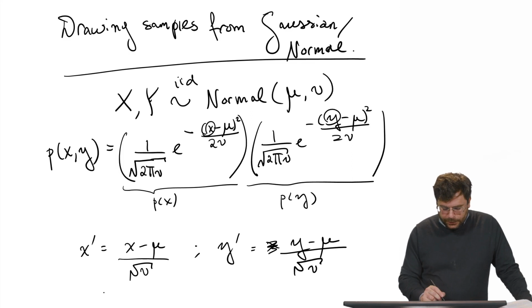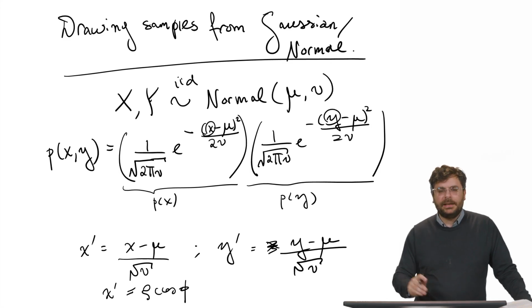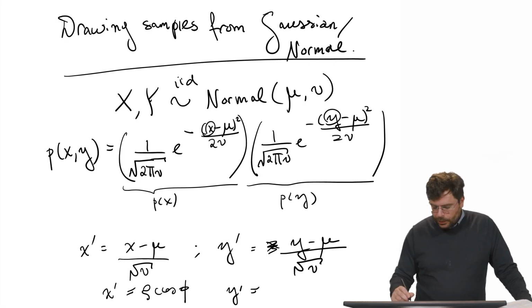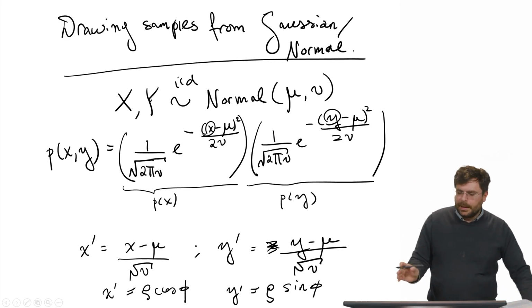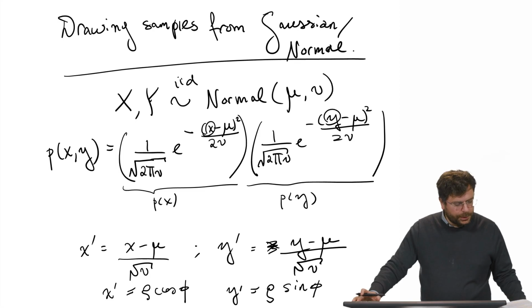And then I'm going to define x prime as rho cosine phi. This is now when I start converting to polar coordinates, and y prime as rho sine phi. Okay, I might have referred to them as radial coordinates, but polar coordinates is probably the more appropriate term.